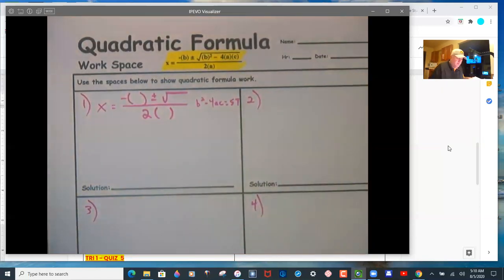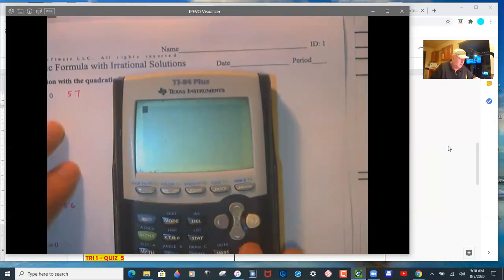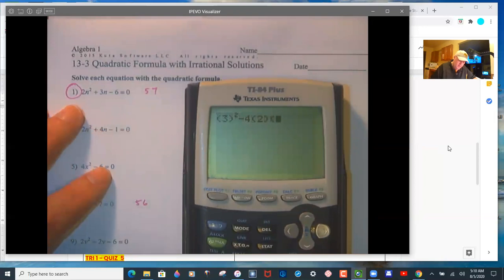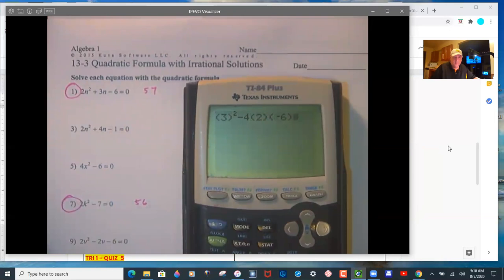And I need to show you something on the calculator that you need to be very careful with. The majority of the work on this is doing the b squared minus 4 times a times c, and give everything a set of parentheses that you're subbing in for.